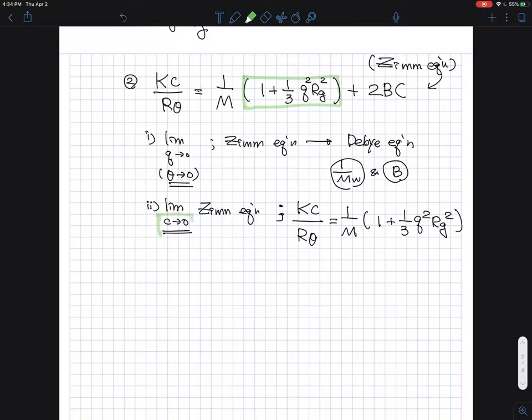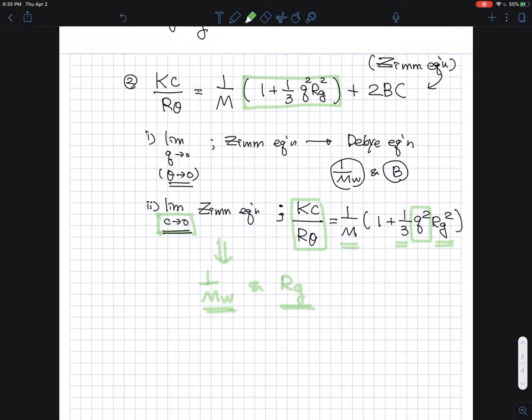At the limit of concentration going to 0, you plot your data with Q squared as the x-axis and this as the y-axis. You naturally can find the radius of gyration, and the 1 over M can be calculated. So in this limit, you can calculate 1 over MW and the radius of gyration.